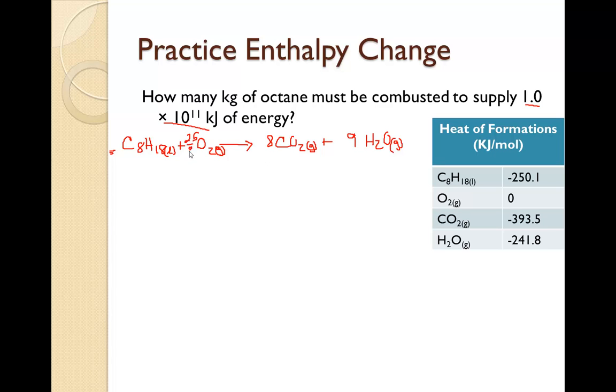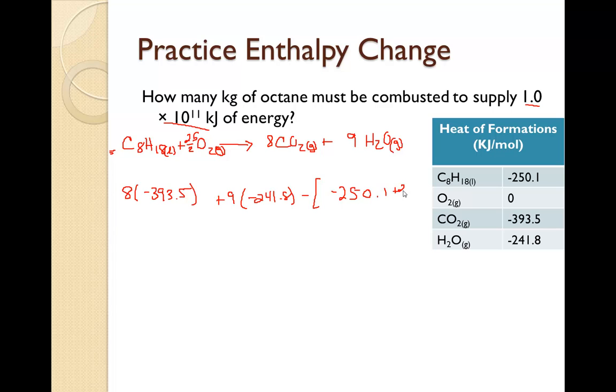Alright, so the products are 8 carbon dioxides, which is negative 393.5, and 9 waters, which are negative 241.8, minus the reactants, which is 1 of the C8H18, one of the octanes, and 25 over 2 oxygens, which is 0.